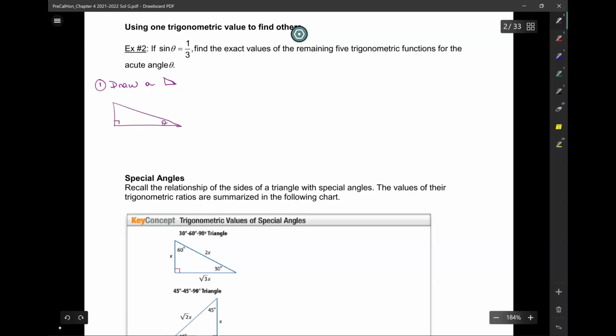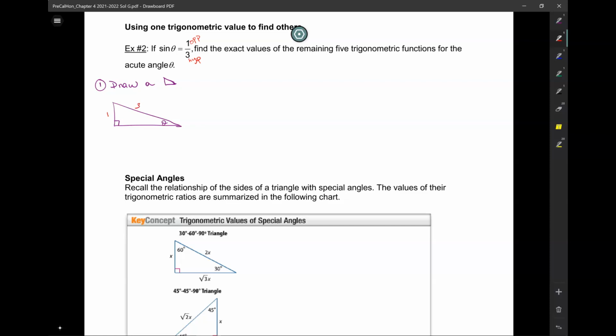And I'll label one of the angles theta. Okay. Let's take a look at what this ratio says. It says there is some mystery angle theta, the sine of which is 1/3. Now, sine, remember, was opposite over hypotenuse. So the opposite side to theta is 1, while the hypotenuse is 3.